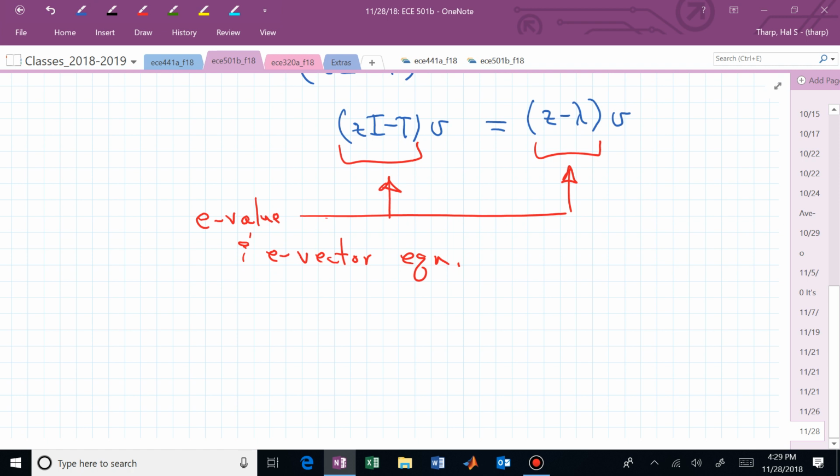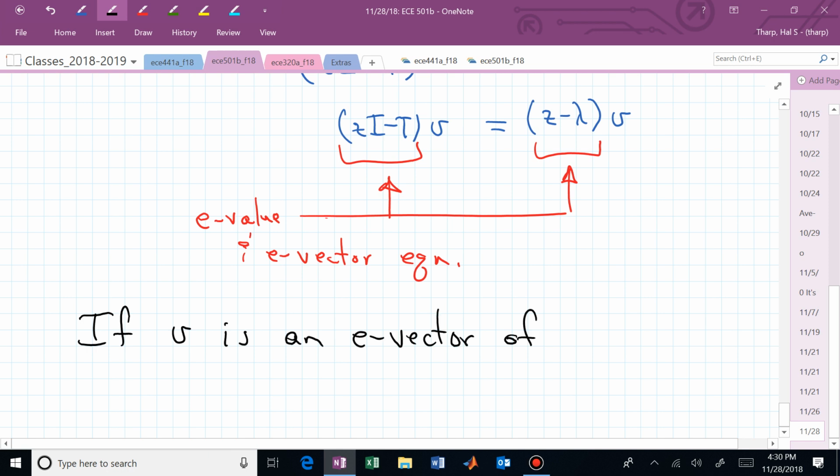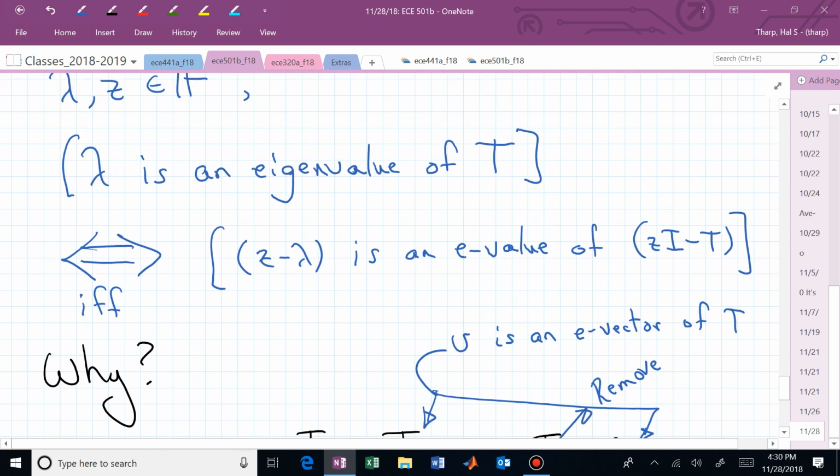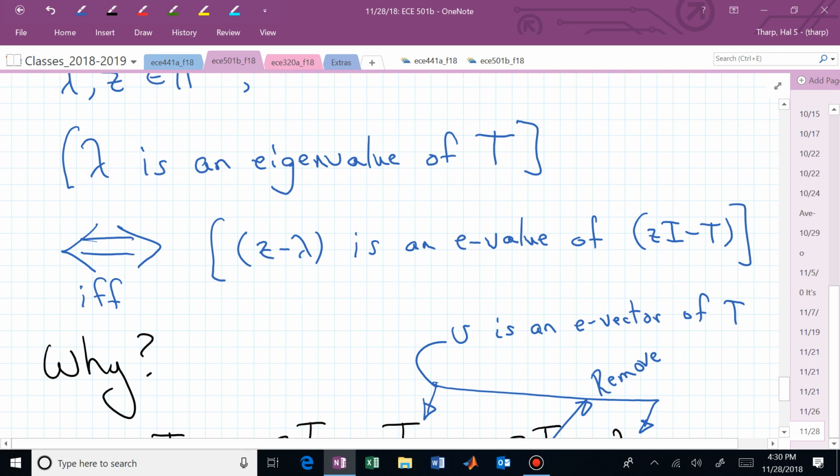Again, that required v to be the eigenvector associated with the eigenvalue lambda of T. That was if v is an eigenvector of this linear operator T. So now I have shown, hopefully, that if somebody hands you an eigenvalue of an operator T, then they can create a new operator zI minus T for a scalar z, and you now know what one of the eigenvalues will be for that new operator.